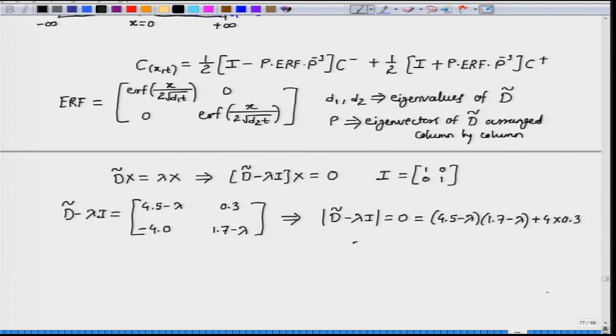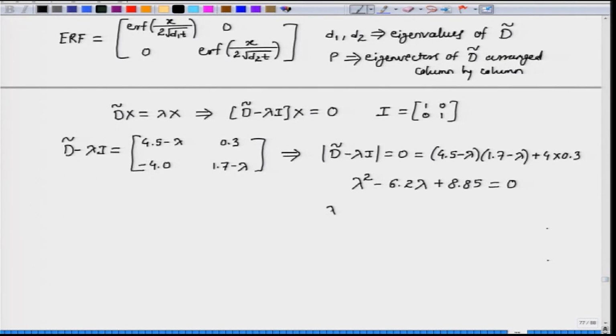So, we will get a quadratic equation in the form lambda square minus 6.2 lambda plus 8.85 equal to 0, and the roots of this equation would be lambda equal to minus b plus minus square root of b square minus 4ac divided by 2a. In this case a is equal to 1, b is minus 6.2 and c is 8.85.